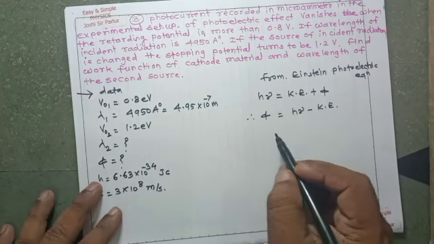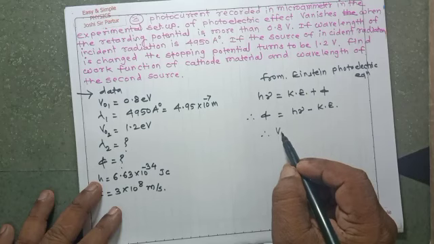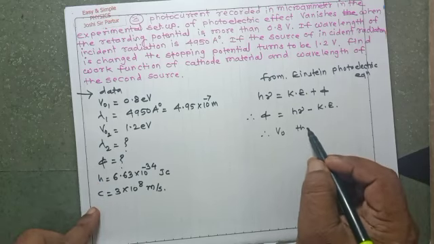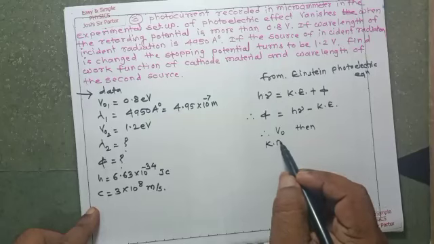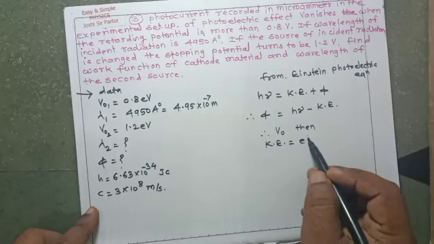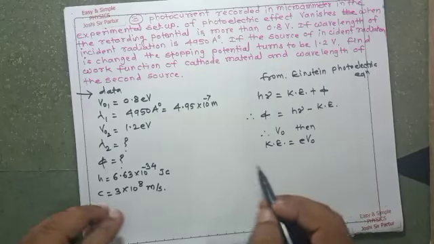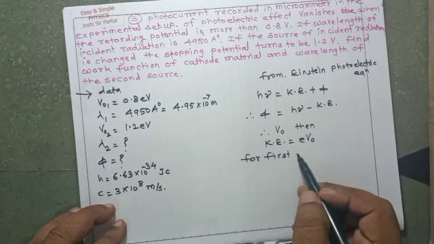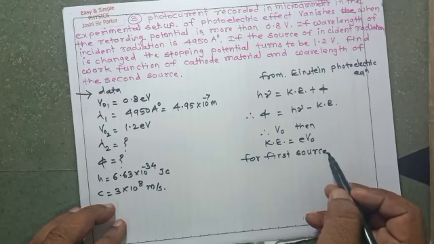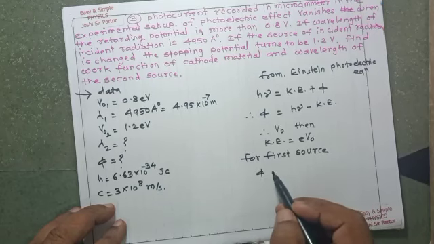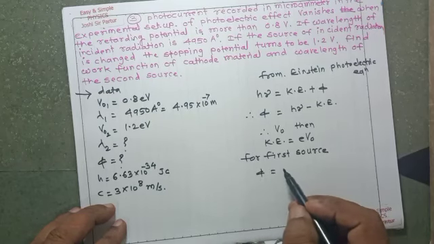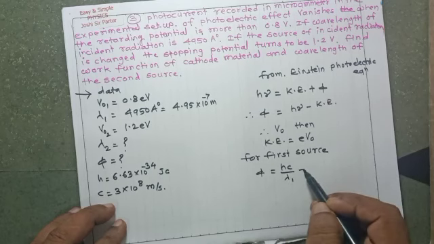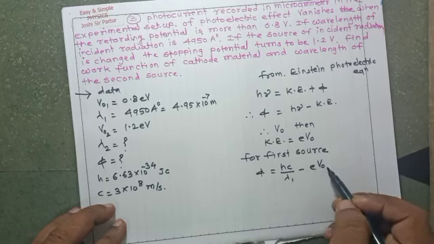So here we know that if V0 is the stopping potential, then kinetic energy is equal to e into V0. So for the first source we can take it as phi is equal to hc upon lambda 1 minus e V01.